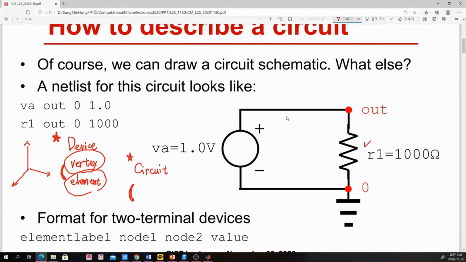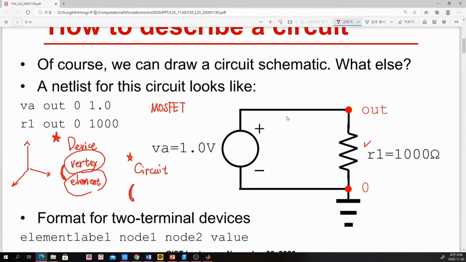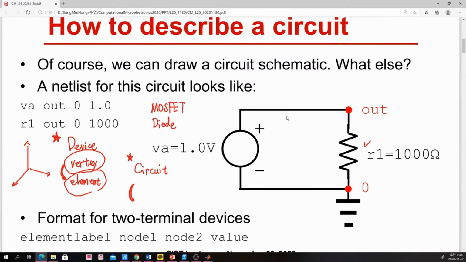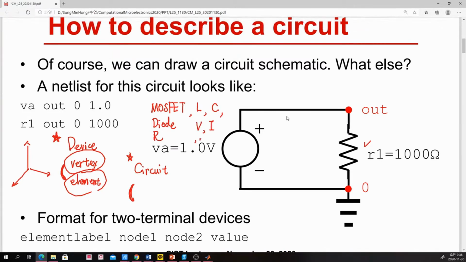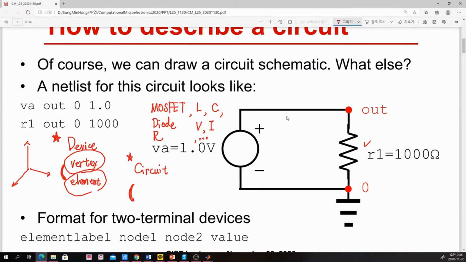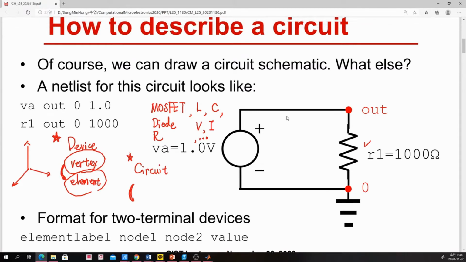We need to deal with different circuit element types. For example, we have to be able to describe a circuit containing a MOSFET, at the same time a diode and resistor, inductor, capacitor, or voltage source, current source, or many other ones which are required to be in a single circuit.